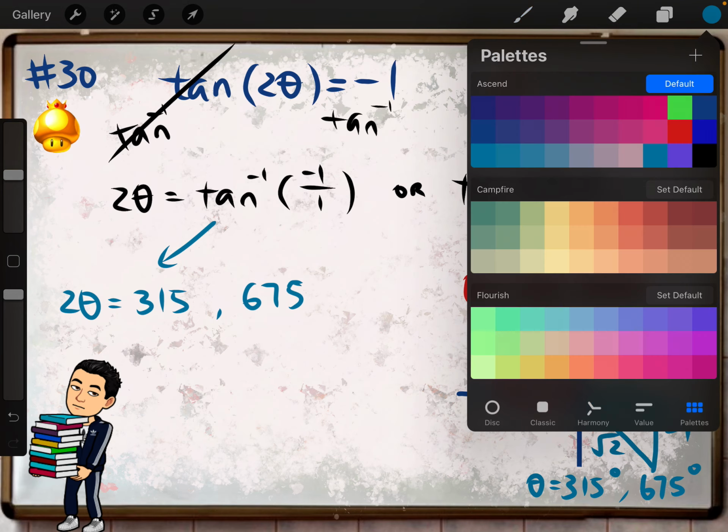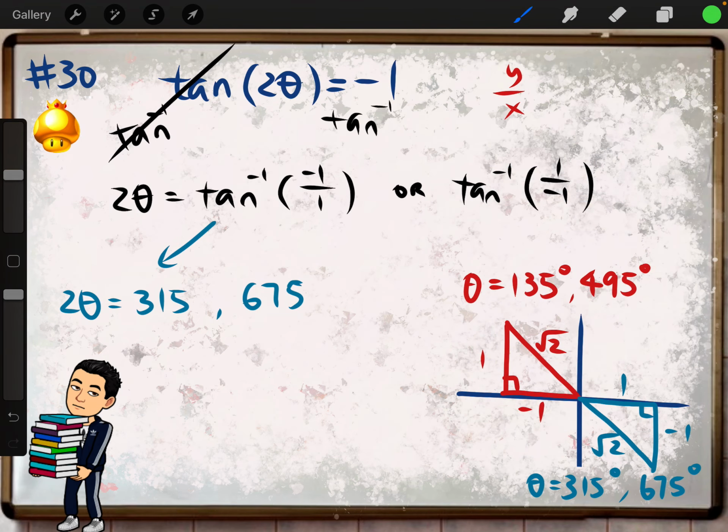It's because later on I'm going to divide it by 2. If I divide 675 by 2, it's going to be between 0 and 360. You might be wondering again, how did I get 675?